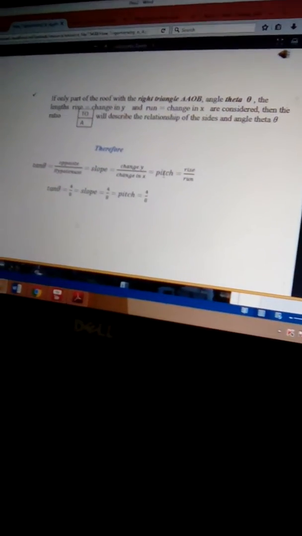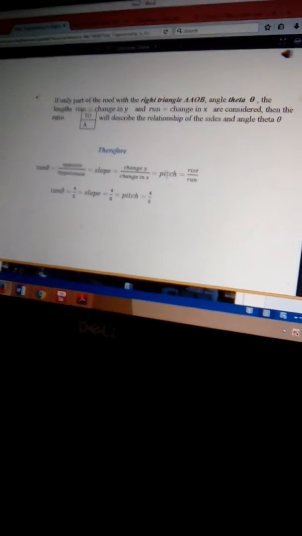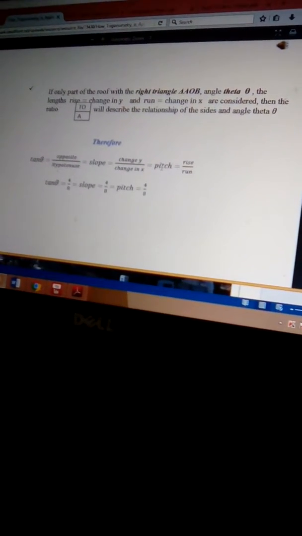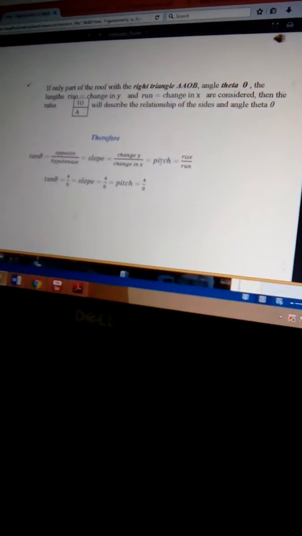In coordinate geometry, slope or gradient is defined as change in y over change in x. Now, pitch, which is commonly used by architects and carpenters, also defines the slope of a roof.